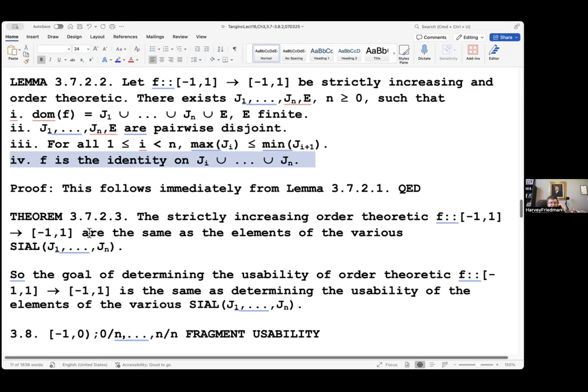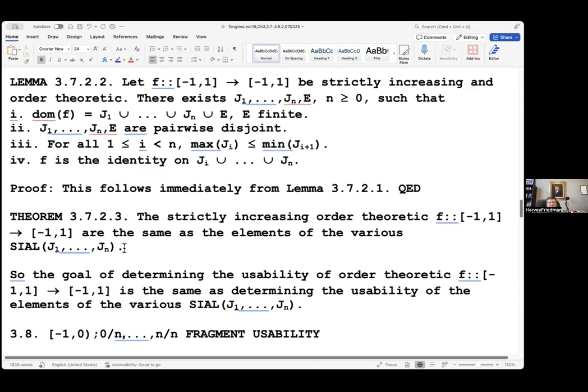So what I'm saying basically is that the strictly increasing order theoretic functions are the same as the various psi L of J1 through Jn. And the goal of determining the usability of order theoretic functions is the same as determining the usability of the elements of the various psi L of J1 through Jn.